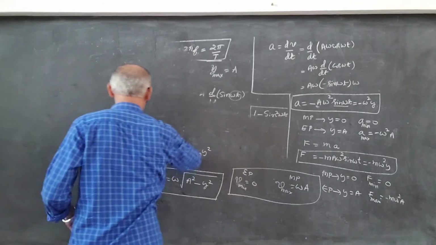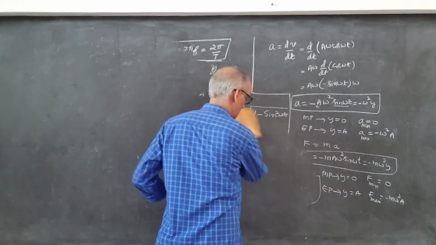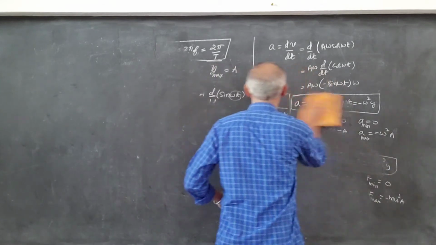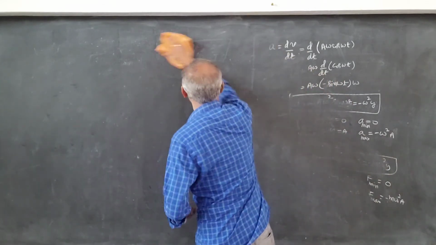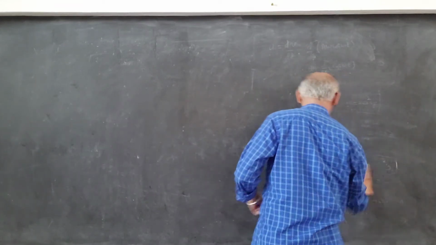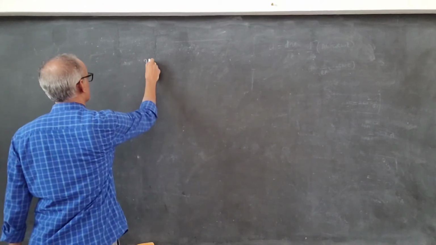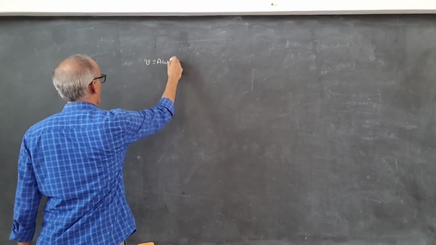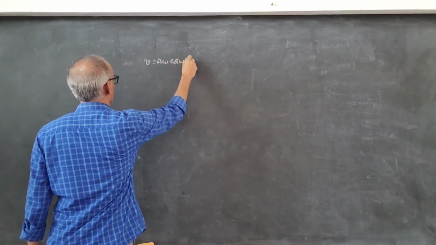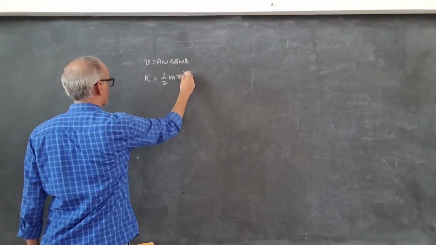And now let us write the expressions for the energy. Due to the movement of the particle, it possesses kinetic energy. The velocity is given by the equation v is equal to a omega cos omega t. Therefore, kinetic energy is half m v square.